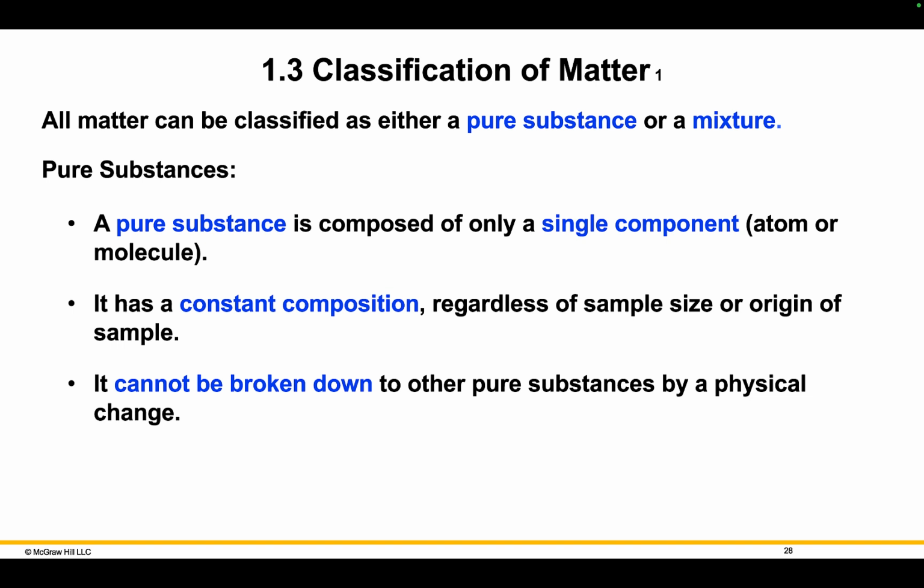If I take a sample of pure water from one location and a sample of pure water from another location, that composition is going to be the same, no matter if I take a drop or a whole swimming pool full. You can't break these down into other pure substances by physical change. That just means that these are in their purest form.